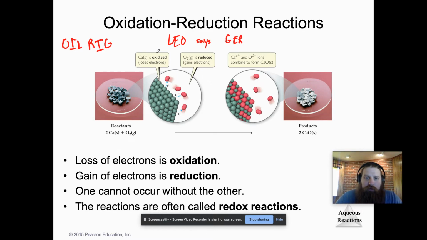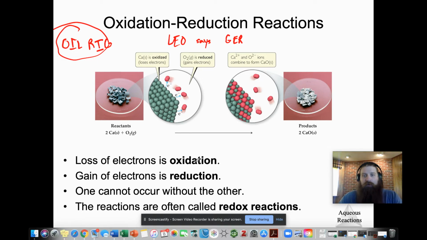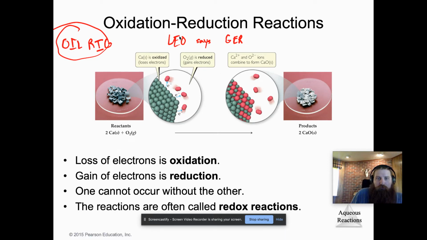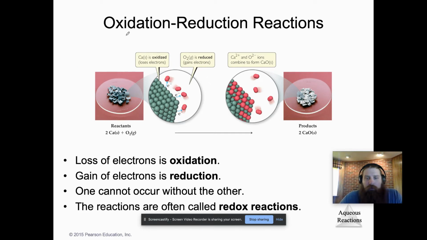Loss of electrons is oxidation. Gain of electrons is reduction. Two ways to remember it. I prefer OIL RIG, but if you like LEO the lion, so be it. You can't have one without the other. If something's being oxidized, something else has to be reduced. We usually call these redox reactions, right? As in this right here, redox, okay? And we'll look a little bit more of that, okay?